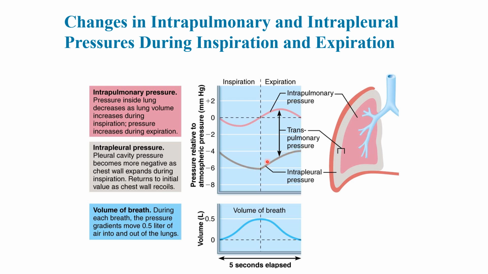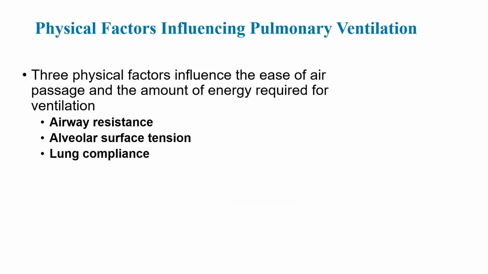So this is intrapleural pressure, and the difference between intrapulmonary pressure and intrapleural pressure is known as the transpulmonary pressure. And then let's see what is happening to the volume of breath. If we are starting at 0, the volume of the breath is increasing because air is coming in, and then it is decreasing because the air is going out.